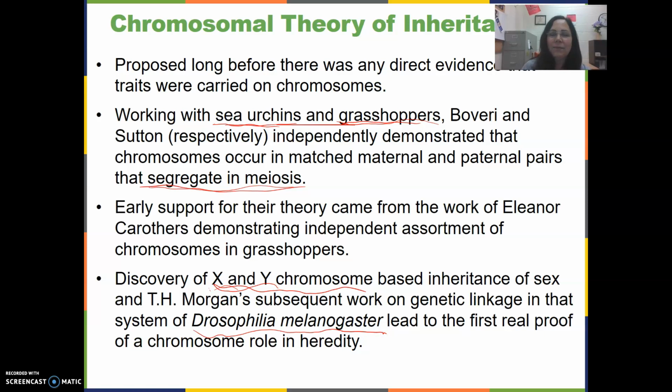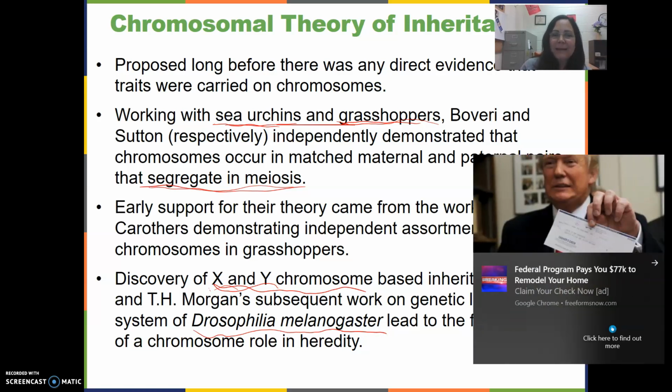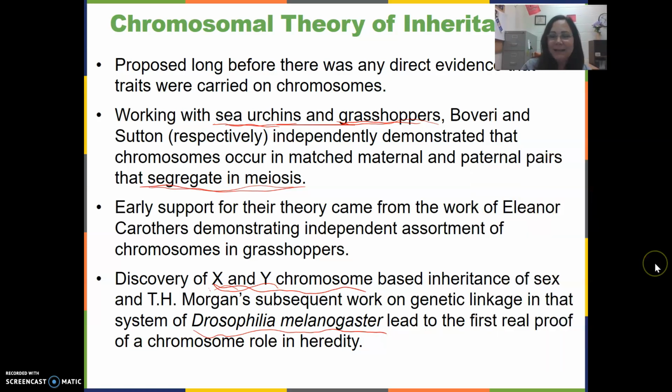Drosophila are fruit flies, and there's a lot of genetics experiments that have been done on fruit flies. They have been really helpful in understanding heredity, even applying it to human heredity.